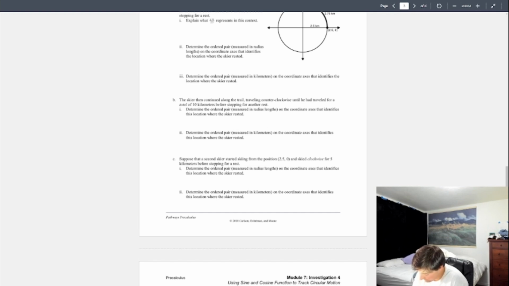Oh, that's radius length. Okay, now measured in kilometers, just multiply by 2.5. Cosine times 2.5 is negative 1.64. Sine of negative 2 times 2.5 is negative 2.27. Let's see if that makes sense.